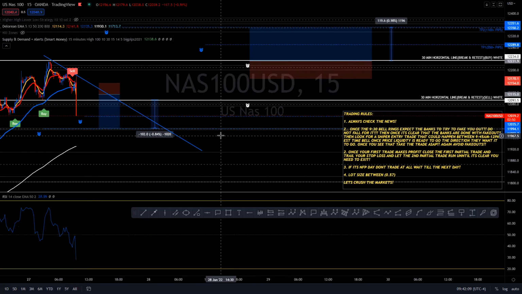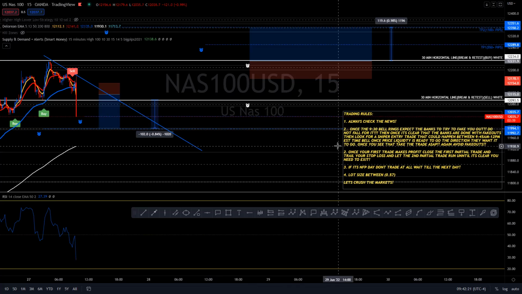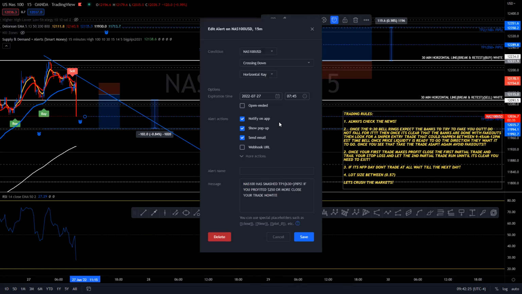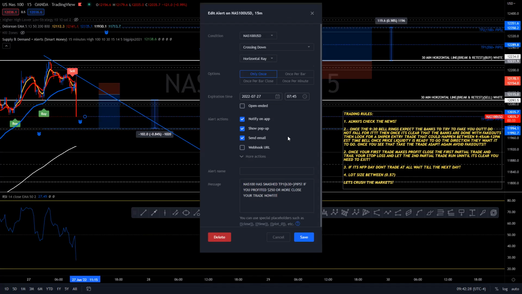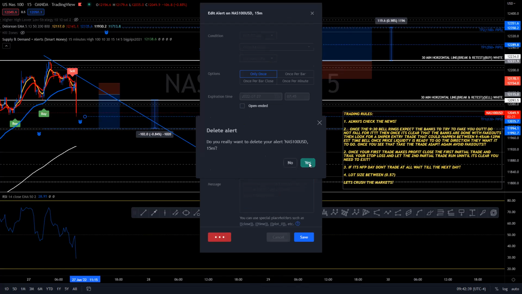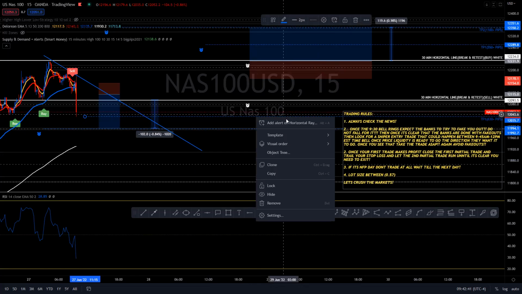This was a nasty drop. Very nasty drop. About to hit it. I'm going to set the alarm for this. Set it again.